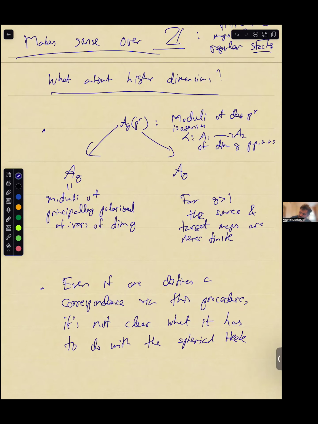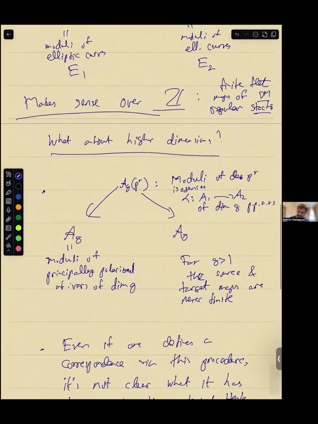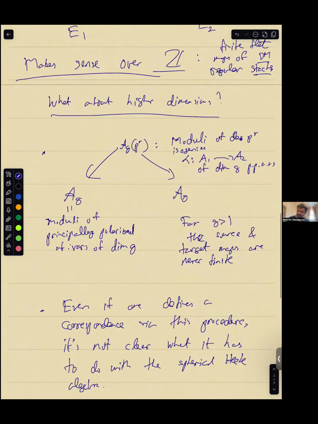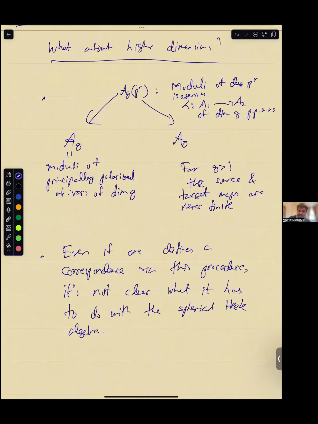And usually the way you get around this issue, there are various ways to do it, but one way is you use some action of correspondences built in this moduli-theoretic way, and then over the generic fiber, you can show using basically the technique of uniformization that you see over here that you have an action of the spherical Hecke algebra, and then you use some kind of density to conclude that you have an action of the spherical Hecke algebra integrally as well.